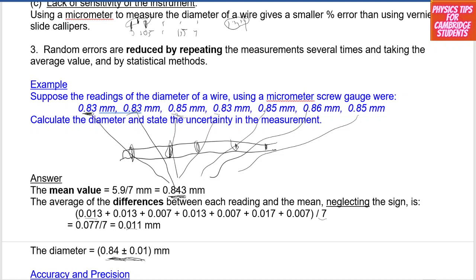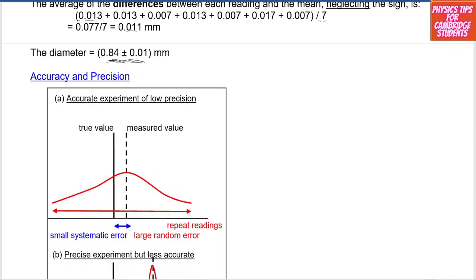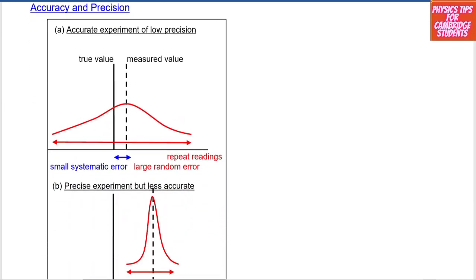Then lastly, I want to talk about accuracy and precision. An accurate experiment of low precision tends to have the values all scattered about the true value. So the values will have a small systematic error and a large random error.